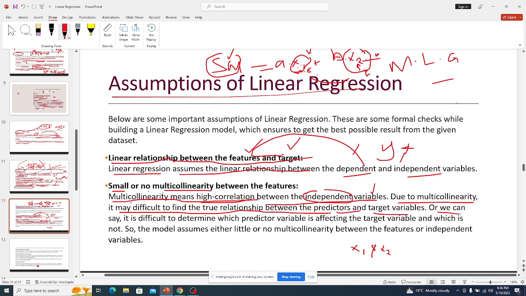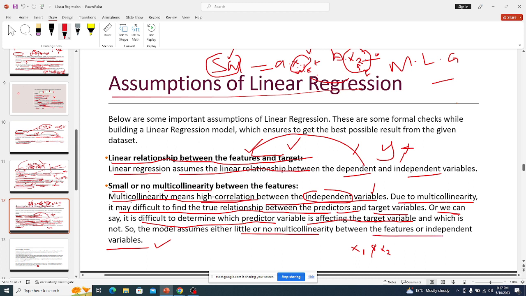Or we can say that it is difficult to determine which predictor or independent variable is affecting the target variable and which is not. So the model assumes either little or no multicollinearity between the features or the independent variables.